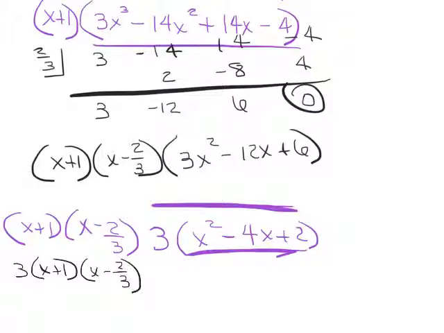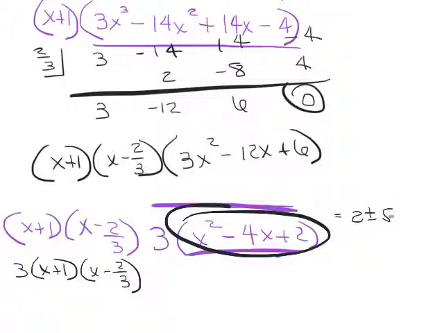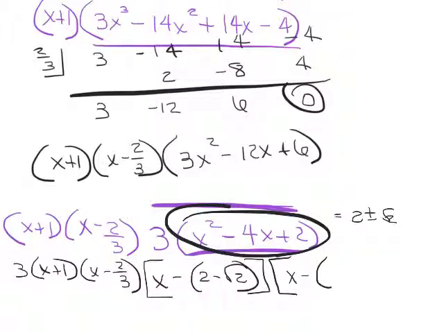And when you use the quadratic formula, for this you get your values of 2 plus or minus the square root of 2. So, for the rest of this, I got x minus 2 minus the square root of 2, and then x minus 2 plus the square root of 2. So what I have here at the end are 4 factors.